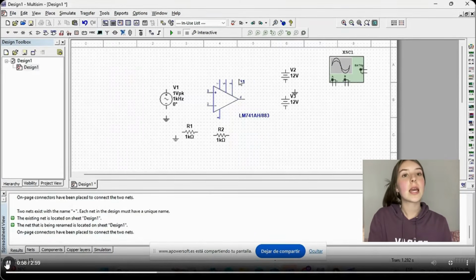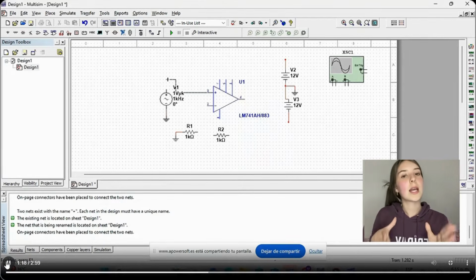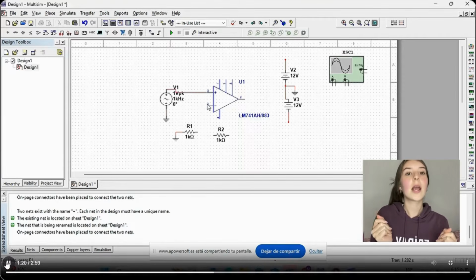Now that we have the elements, we can make the connections. The AC voltage source, the negative side, we connect to ground. Resistance 1, we connect to the ground. We join the power supplies, and in the middle, we connect the ground. Resistor 2, we connect to the negative side of the amplifier.